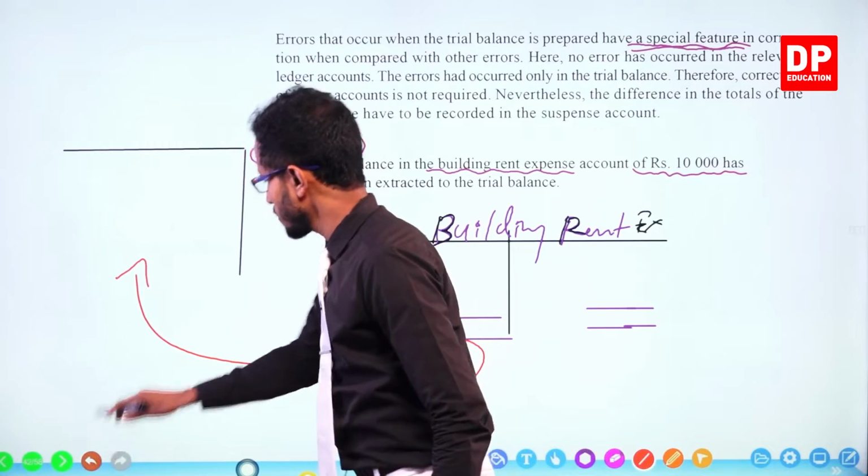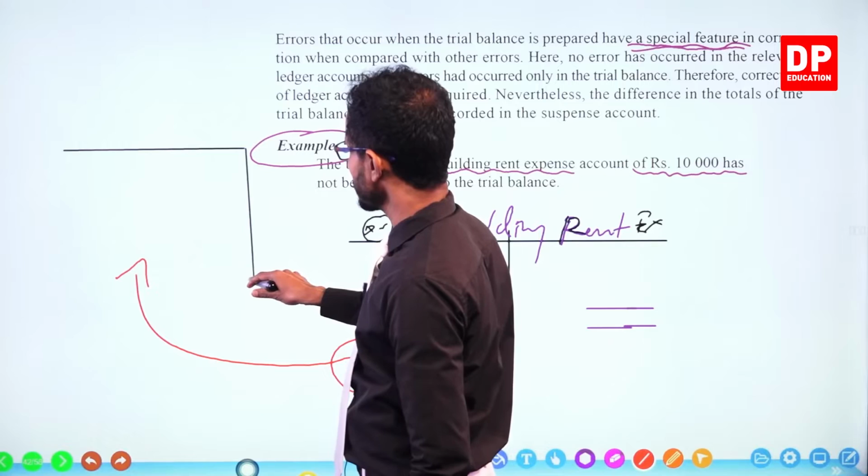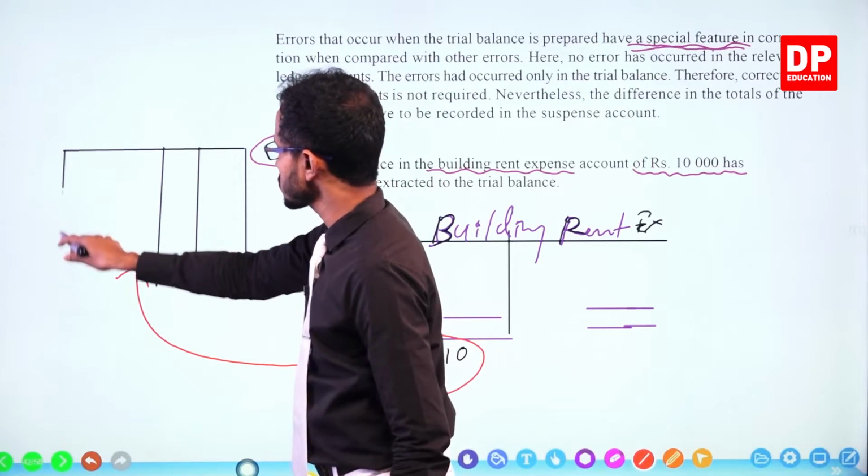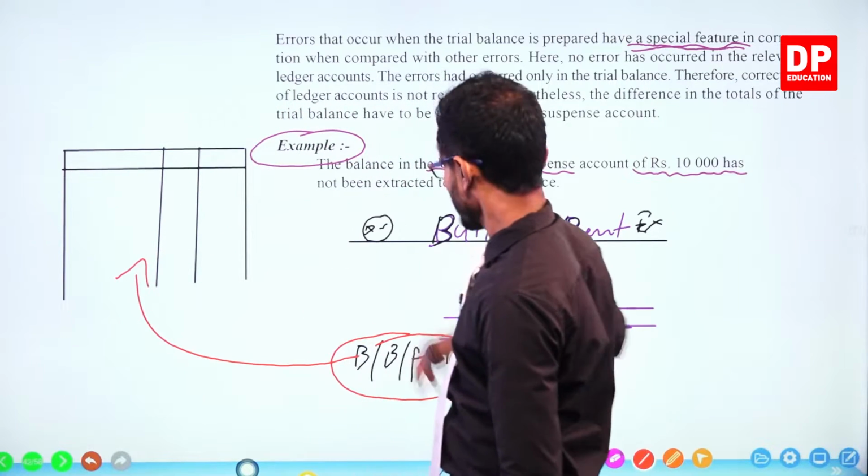Let's say that this is the trial balance of the business, just a rough trial balance.